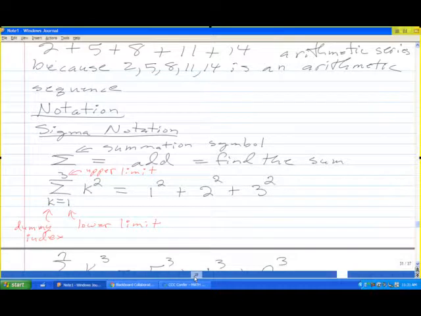The summation notation involves the summation symbol, which is just a sigma, which means to add every number from your lower limit to your upper limit, where you calculate each of those numbers by whatever formula is given within the summation.